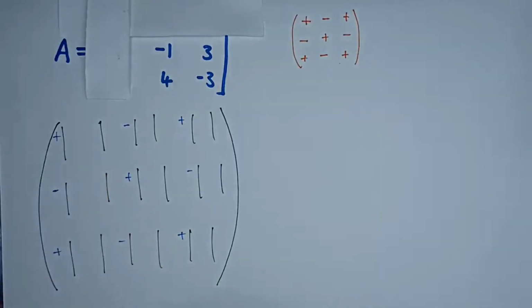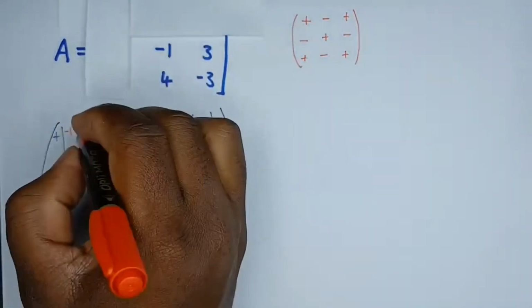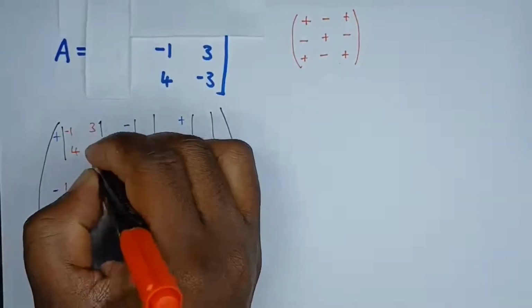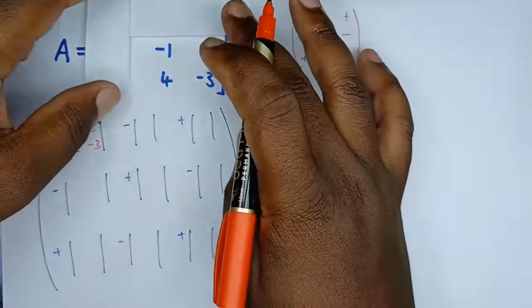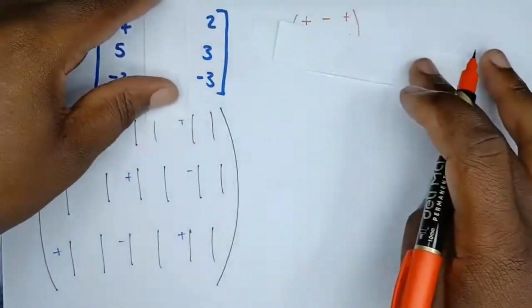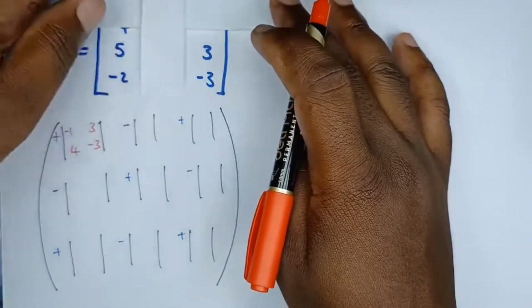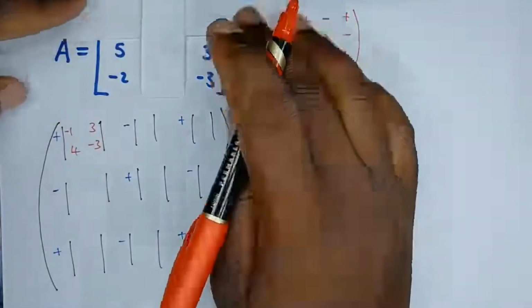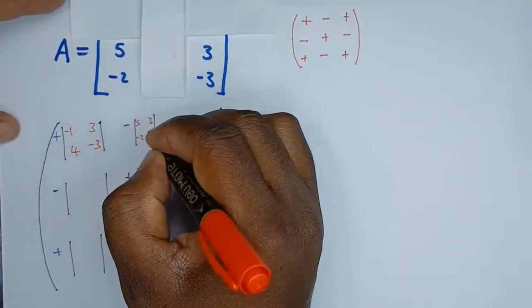The remaining 2 by 2 matrix is simply -1, 3, 4, -3, like that. Then from there we move on to 6. So we hide the row and column for 6, like that. So we'll create a 2 by 2, which is 5, -2, 3, -3.